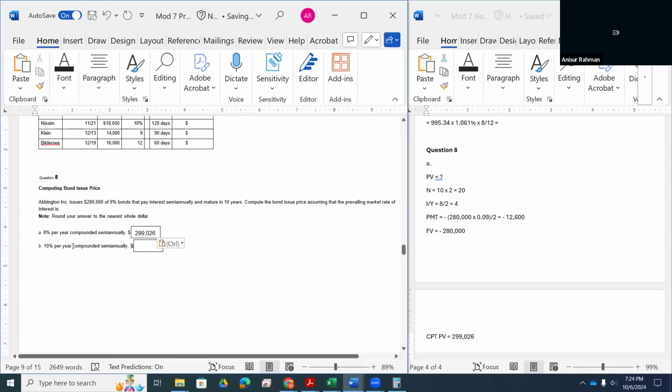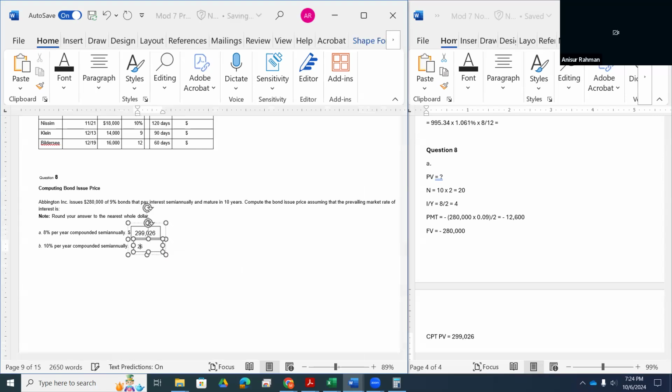So if you follow the same process for part B, you should get 262,553.